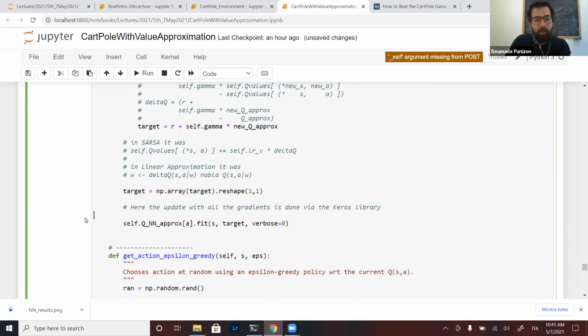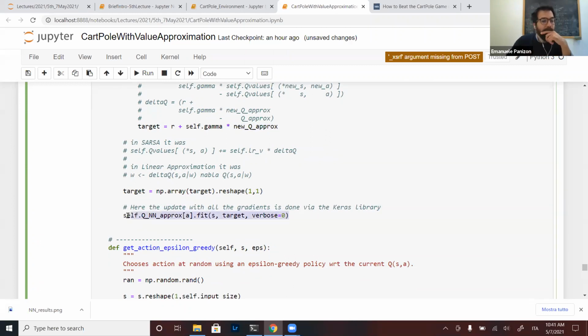Then I take the neural network corresponding to the action I took, and I'm using this method fit, which just means: this is your input, X, the features. This is the target.